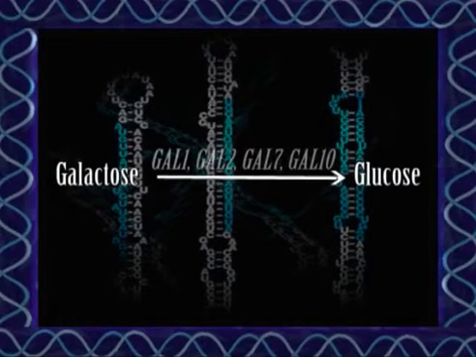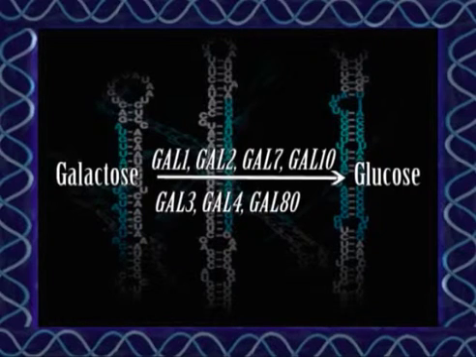Several genes, GAL1, GAL2, GAL7 and GAL10, in the yeast genome encode enzymes that catalyze steps in the biochemical pathway that converts galactose into glucose. Three additional genes, GAL3, GAL4 and GAL80, encode proteins that regulate the expression of the enzyme genes.